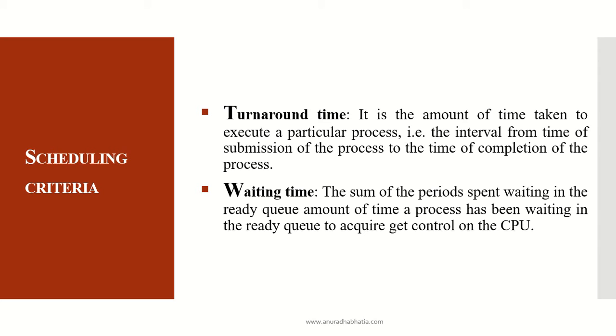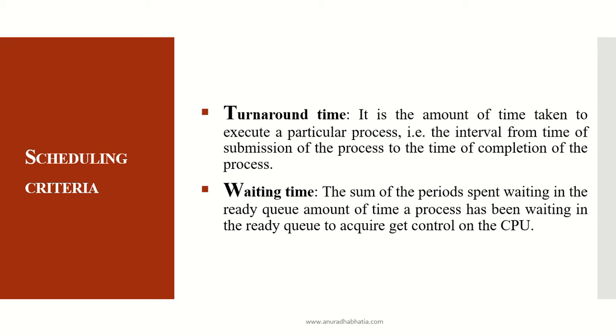The next one is turnaround time, which is very important. It is the amount of time taken to execute a particular process. That is the interval from the time of submission of the process to the time of completion of the process.